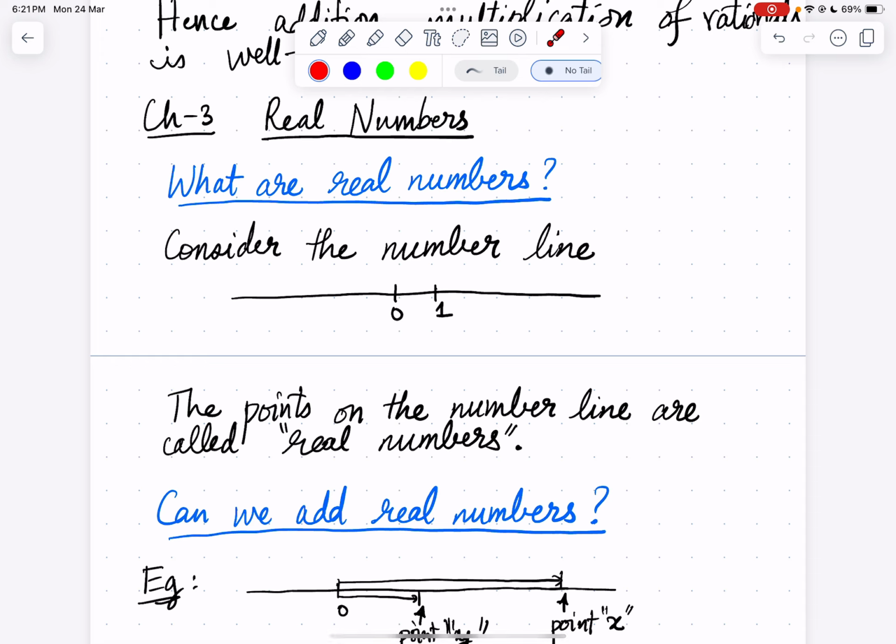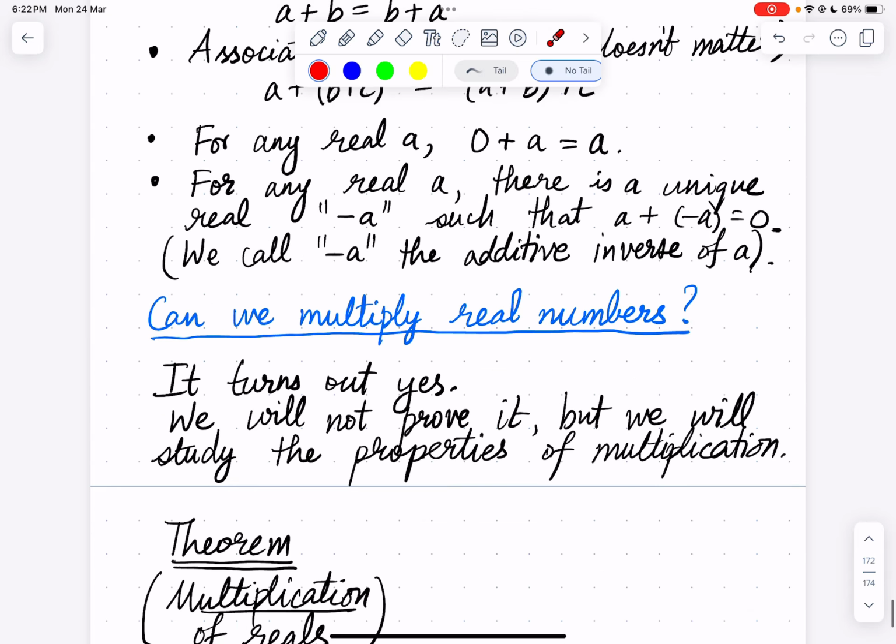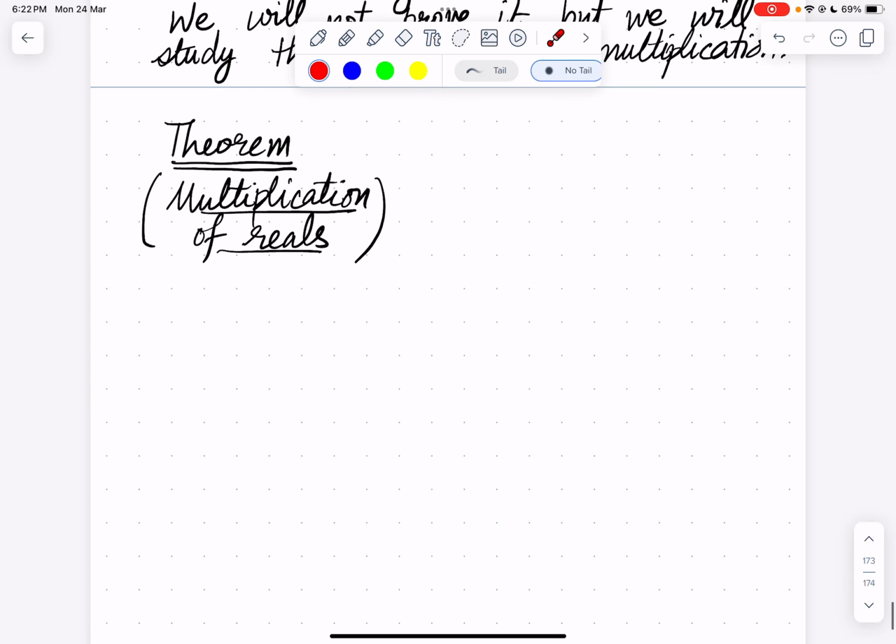We saw that not every point on the number line can be written as m by n, where m and n are integers. So consider any 2 points on the number line. How can you naturally multiply them to get a third point on the number line? How do you define multiplication in a natural way? So it turns out there is a multiplication, and we'll study the properties.